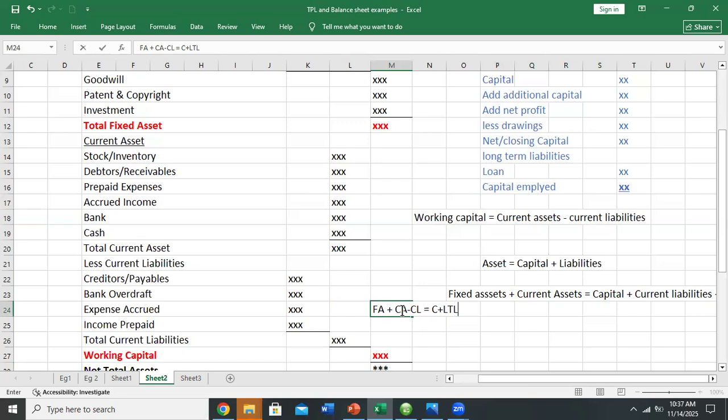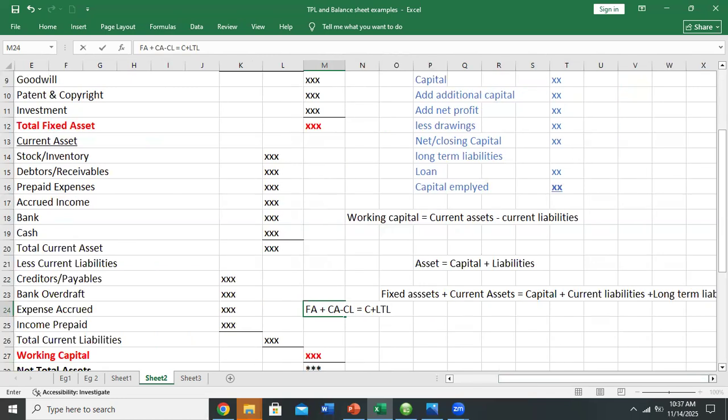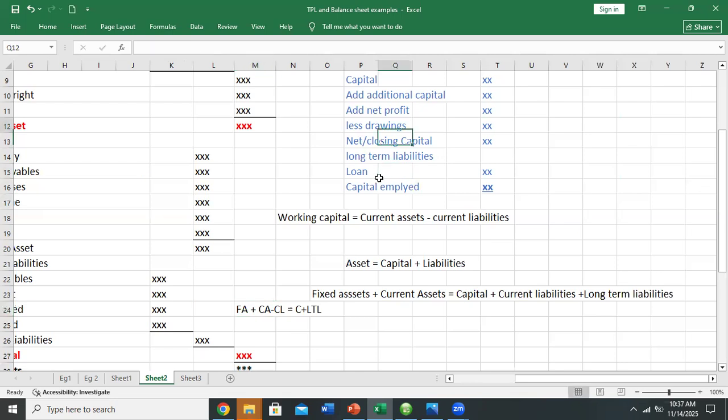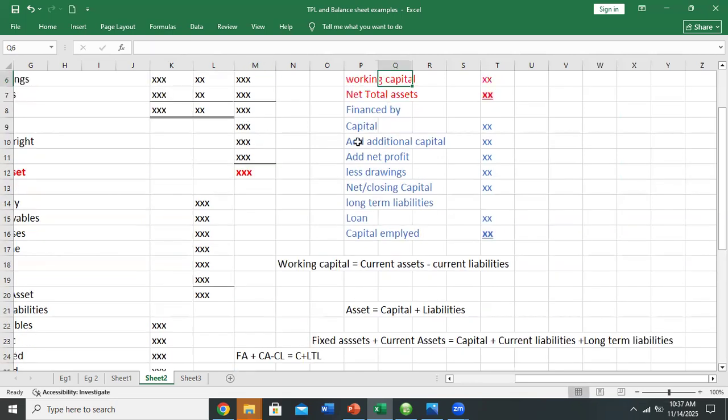Because you'd only transfer the current liabilities to the other side of the equation, and it will be left with capital and long-term liabilities. So the capital and long-term liabilities form the second section of the balance sheet.